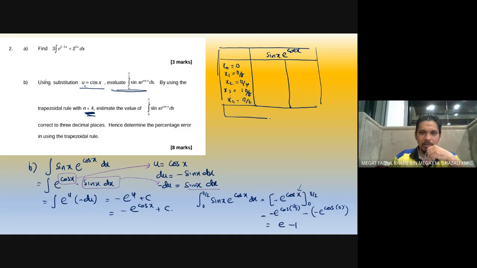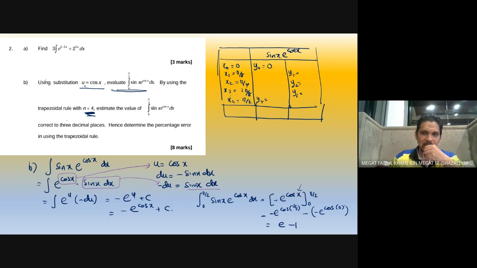And then the total of this, we need y0 and y4, and y1, y2, and y3. So substitute x equal to 0 into sine 0 and e power of cos 0. This is going to give you 0.